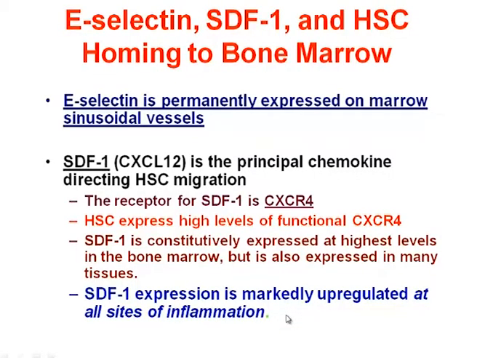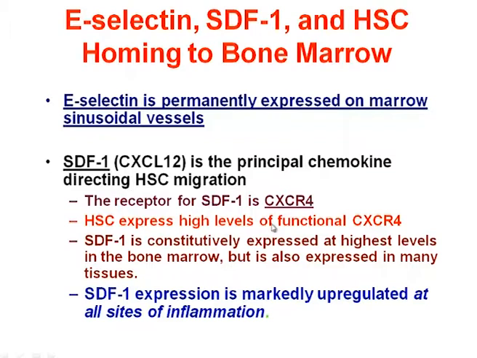Just to review here then, the roles of E-selectin and SDF1, otherwise known as CXCL12, in this homing process. Well, first it was determined that E-selectin is permanently expressed on marrow sinusoidal endothelial cells. The chemokine CXCL12, that is SDF1, is the principal chemokine which directs the hematopoietic stem cell migration to the marrow. And the receptor for this molecule is CXCR4.